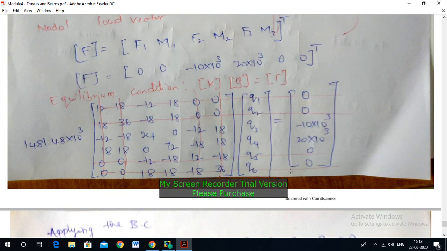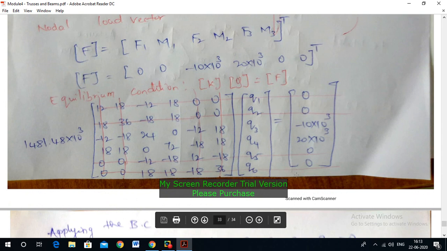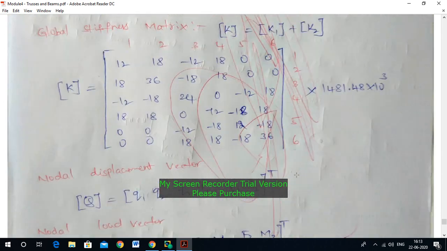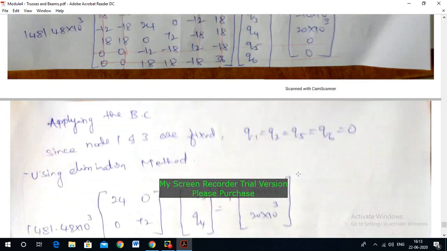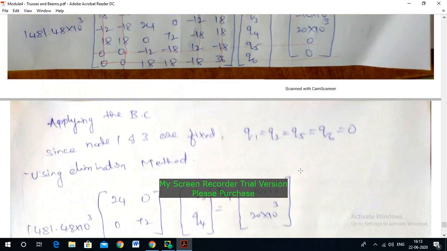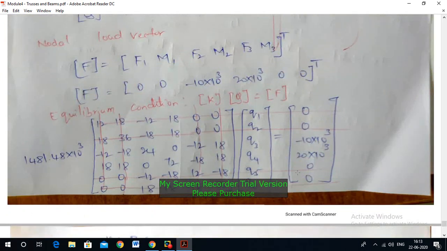I will give it time, make a note. Take the equilibrium condition equation.